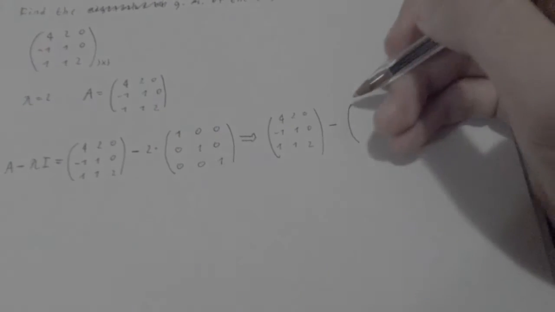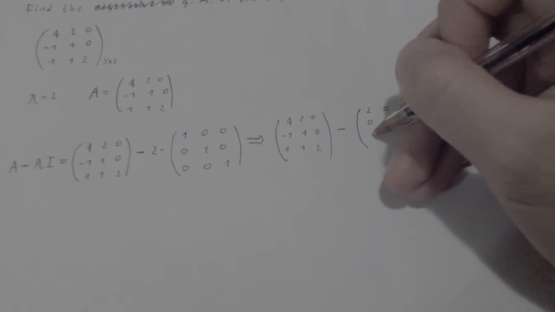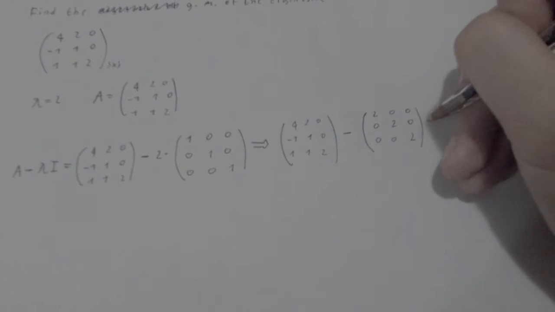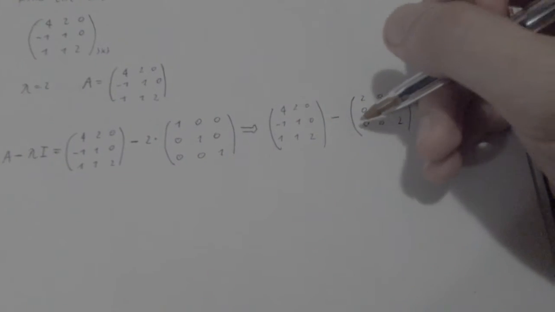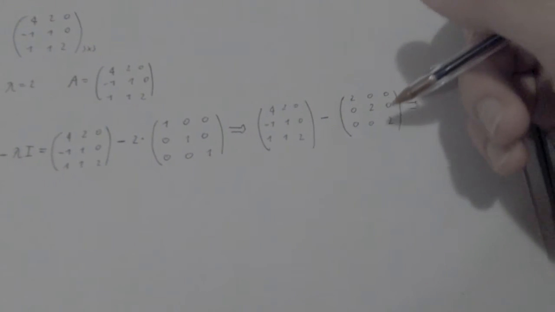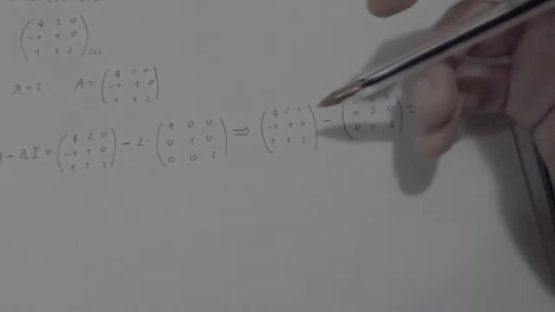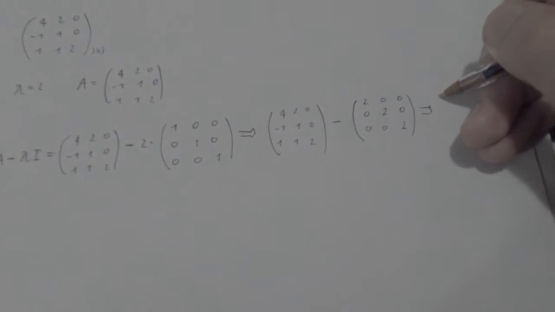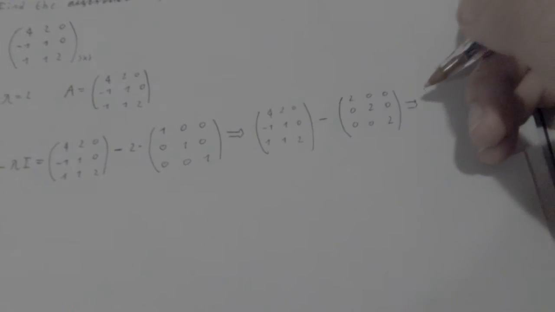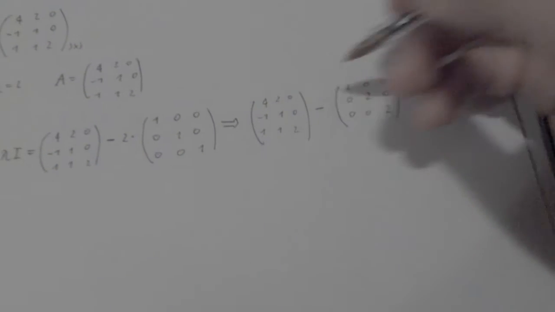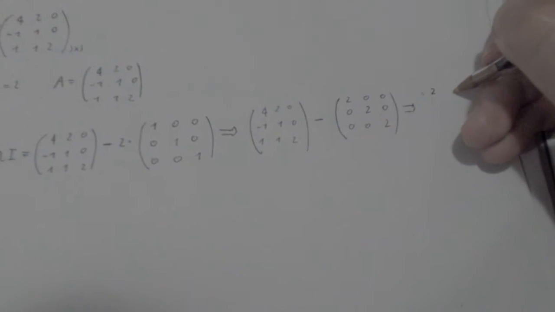So we get 2 0 0, 0 2 0, 0 0 2, and then we just subtract this matrix from the other matrix. It's just normal subtraction, and it's really easy. 4 minus 2 is 2. 2 minus 0 is 2.